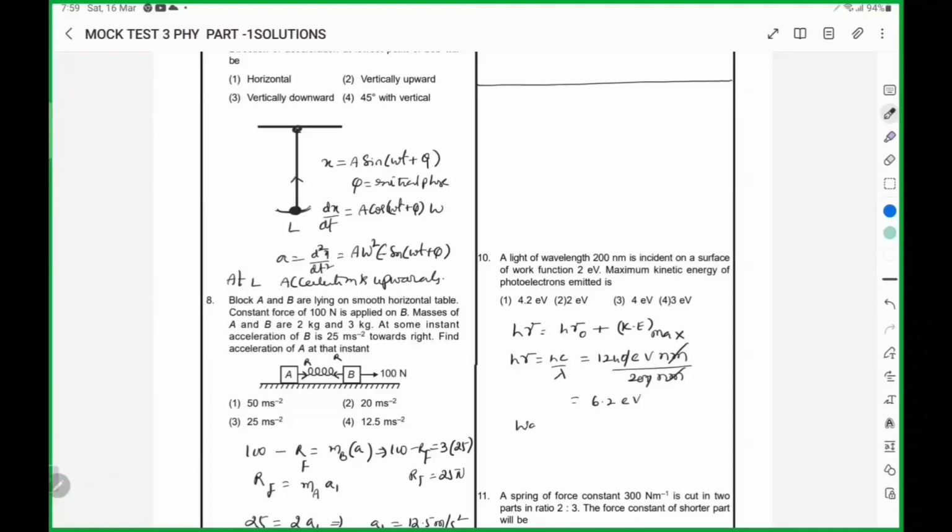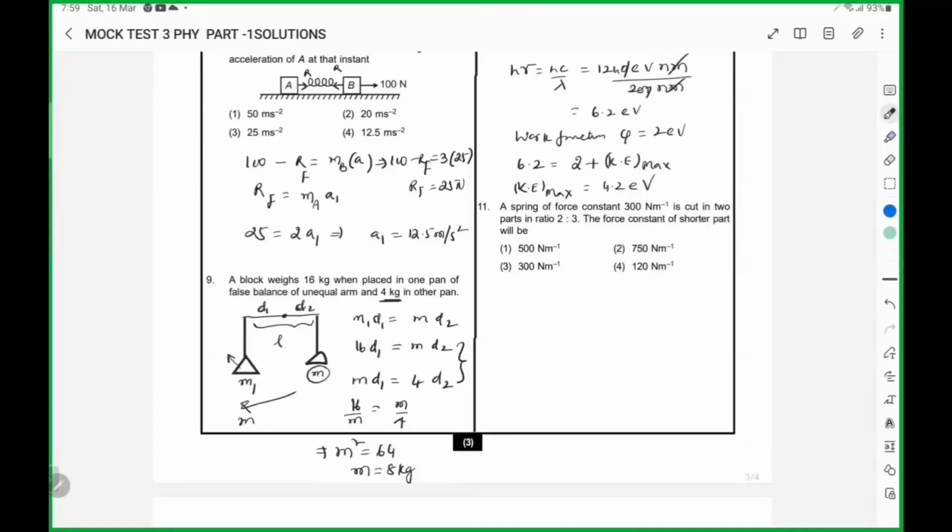Work function phi is given as 2 electron volts. 6.2 is equal to 2 plus kinetic energy maximum. So kinetic energy maximum here is 4.2 electron volts.